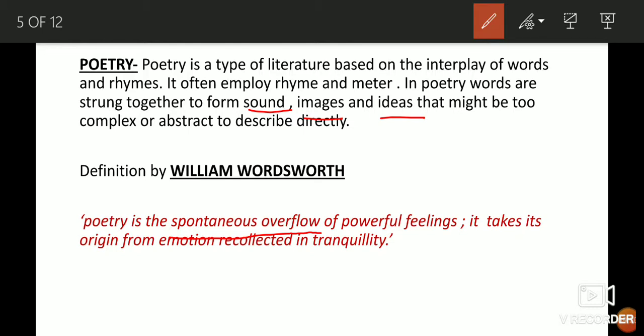Okay, and what do you understand by this word tranquility? Means शांति. Tranquility means शांति. So I'm making it easier for you in Hindi also. I'm translating the definition in Hindi also. So what's the translation?